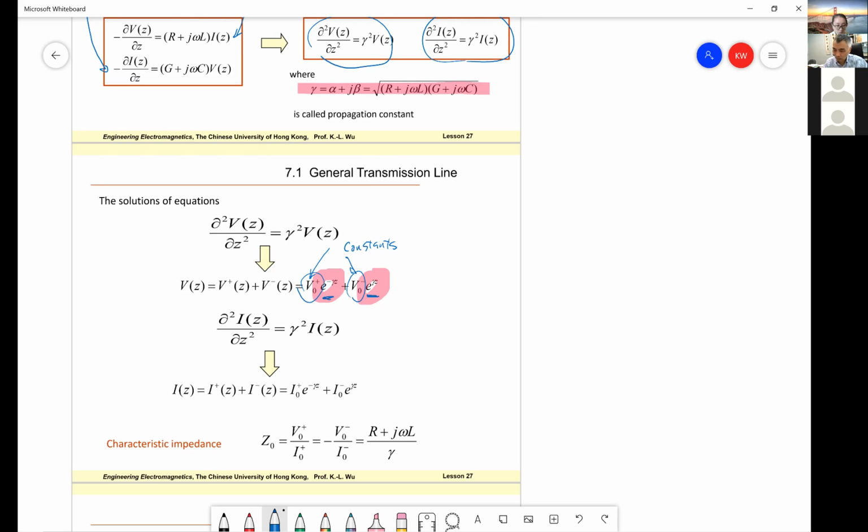Now we know any of these solutions, for example this, where gamma is alpha plus j beta.